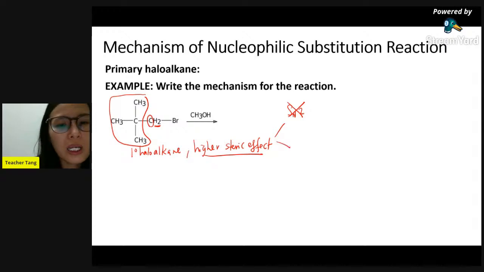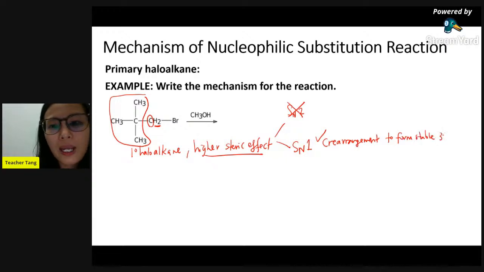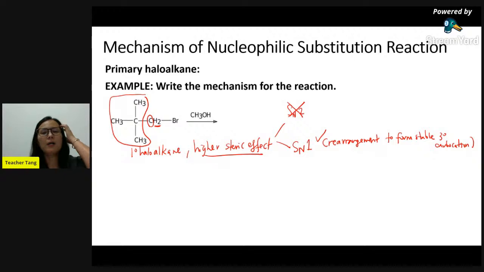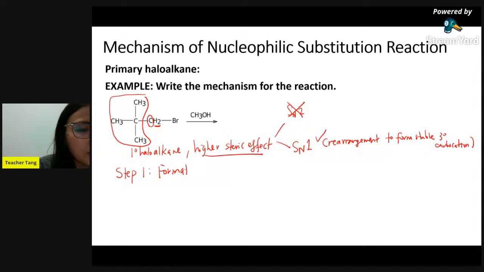So it will proceed through SN1 through rearrangement to form a stable carbocation ion, a tertiary carbocation ion. We will look at how it can form the more stable tertiary carbocation ion. Remember for SN1, step number 1 is the formation of the carbocation ion.